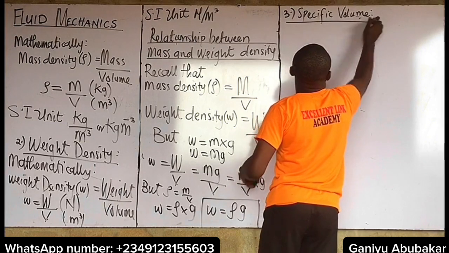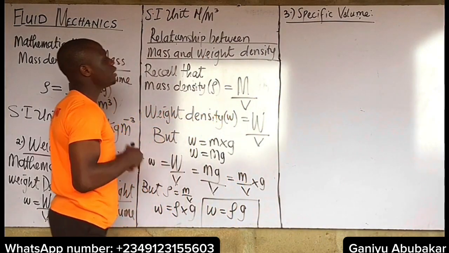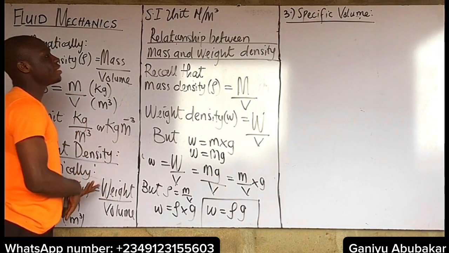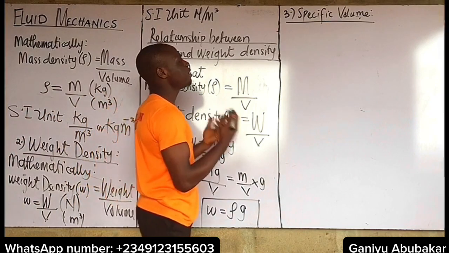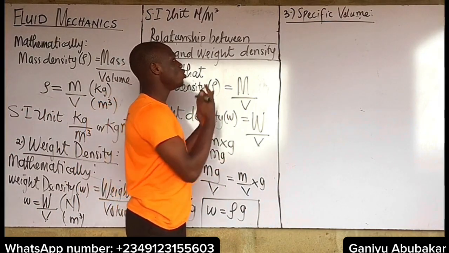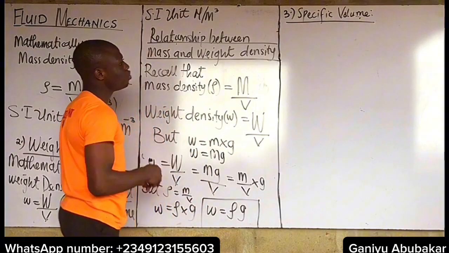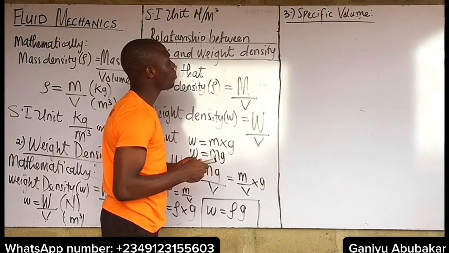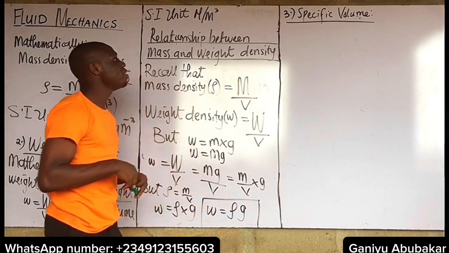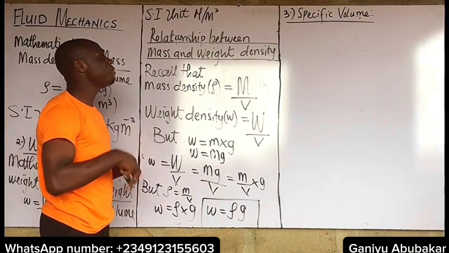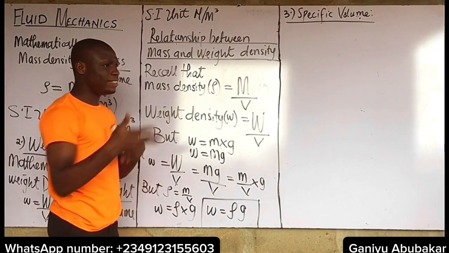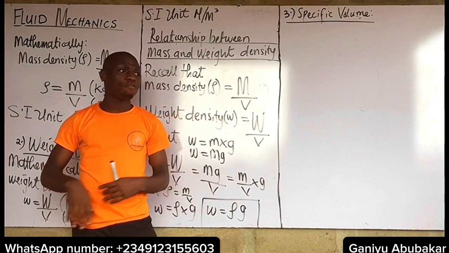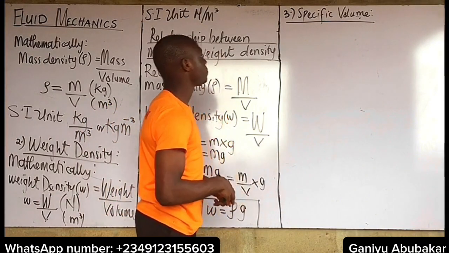Definition: specific volume is simply the ratio of volume to the mass of a fluid. It is represented by small v. Note that specific volume is simply the inverse of mass density.